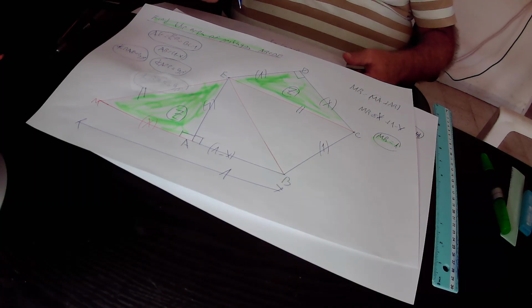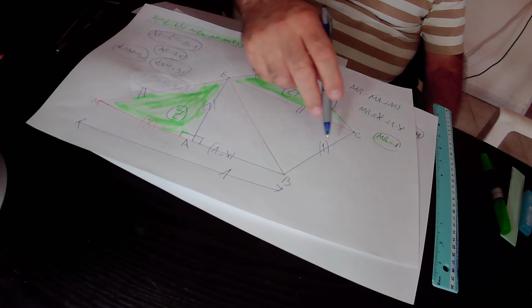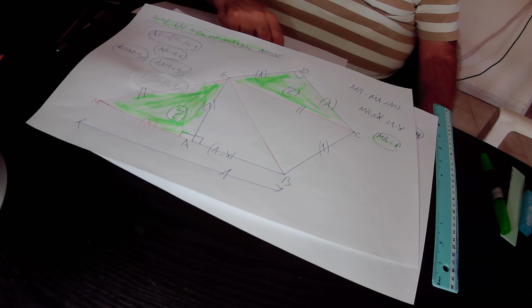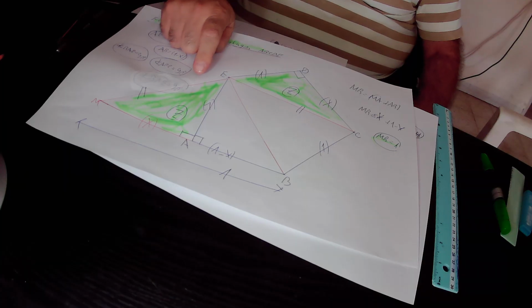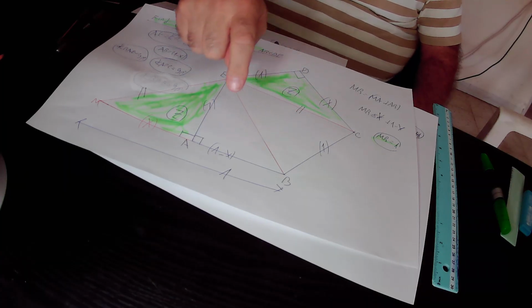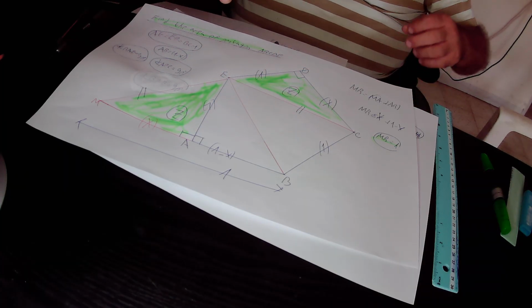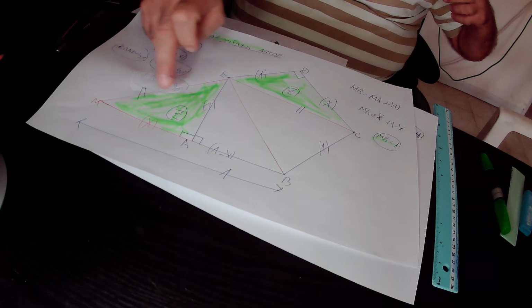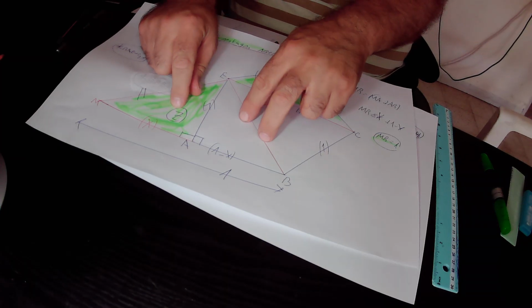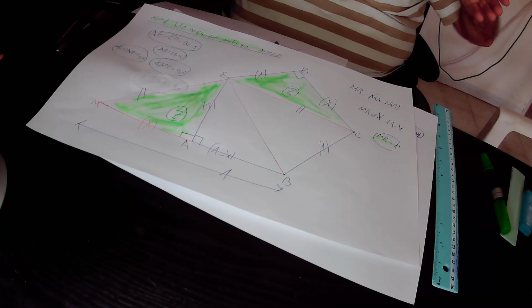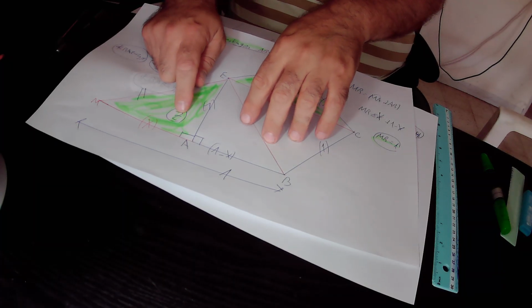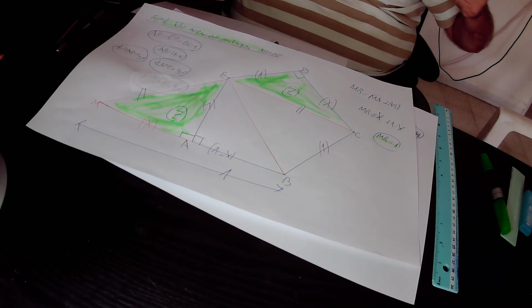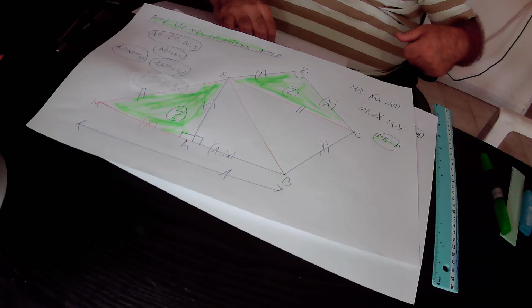But the big quadrilateral EMBC consists of the green triangle EMA and quadrilateral EABC. And therefore the sum of the areas of those two shapes must be equal to 1, because the area of quadrilateral EMBC equals 1.